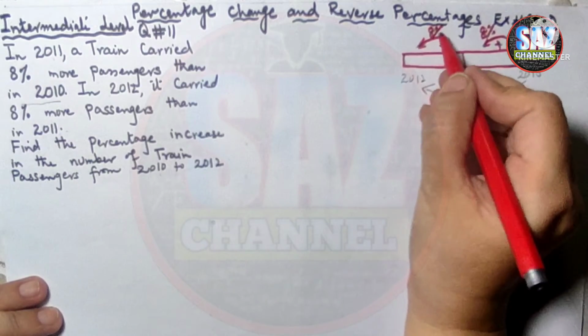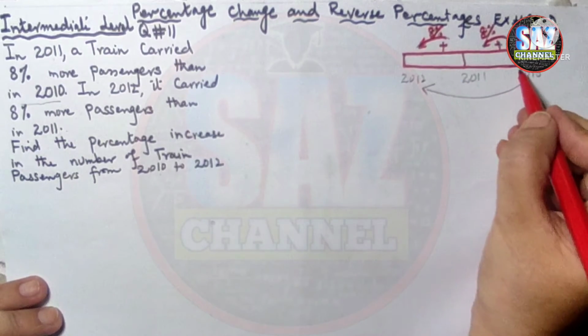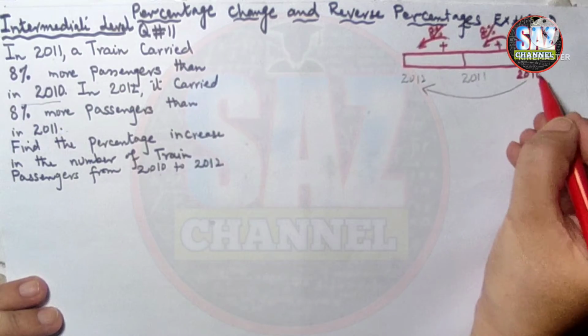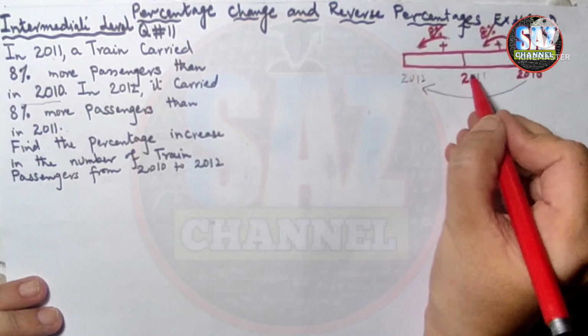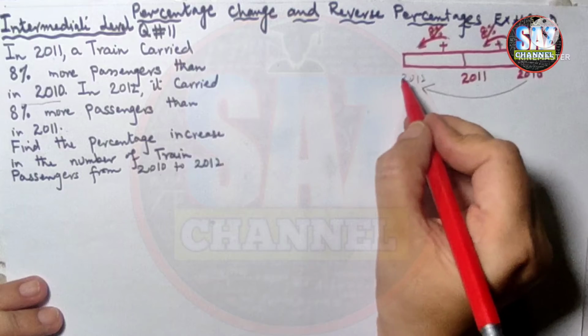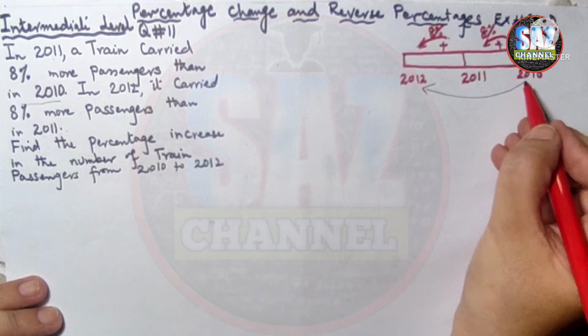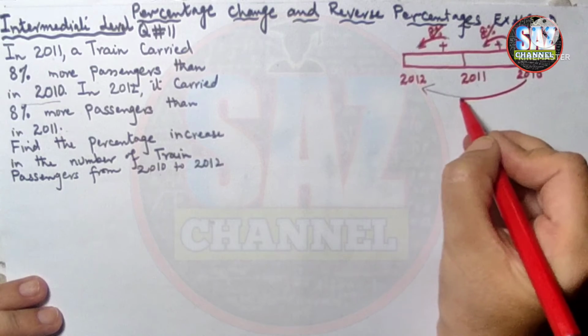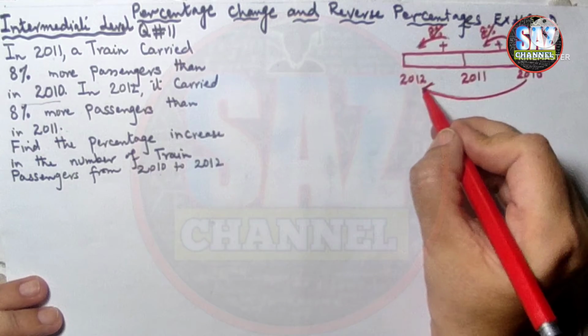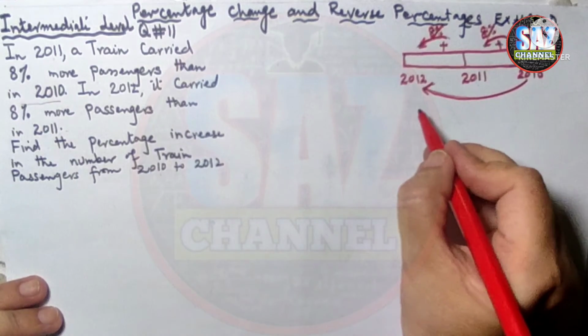I hope you are clear about this. The actual requirement of the question is the percentage increase in the number of passengers from 2010 to 2012. So recall the formula for percentage increase.